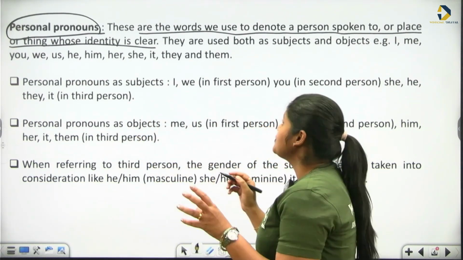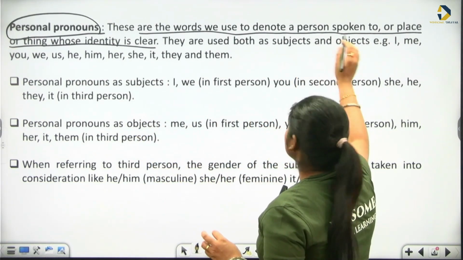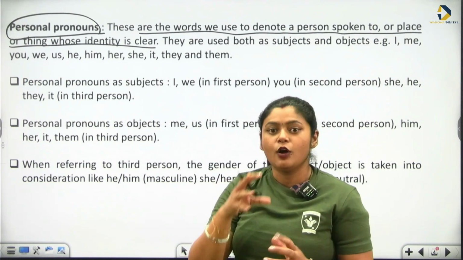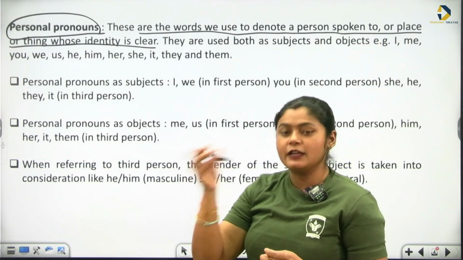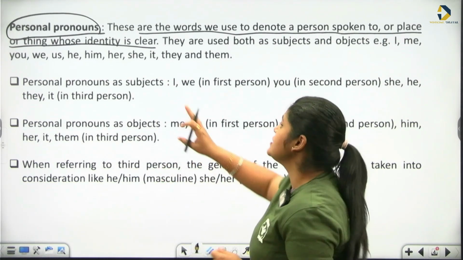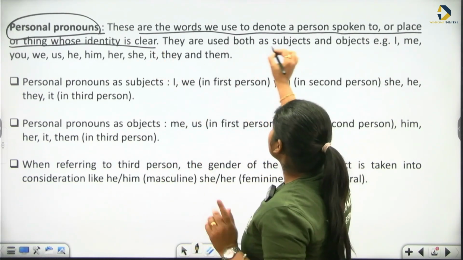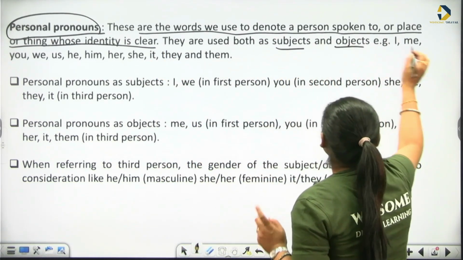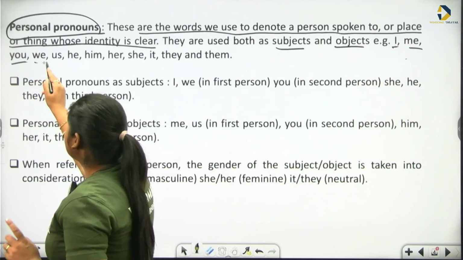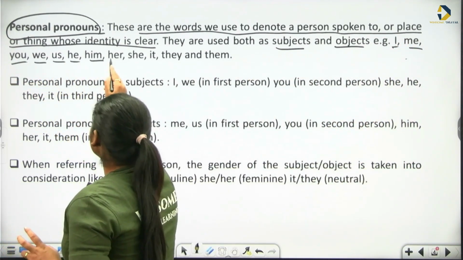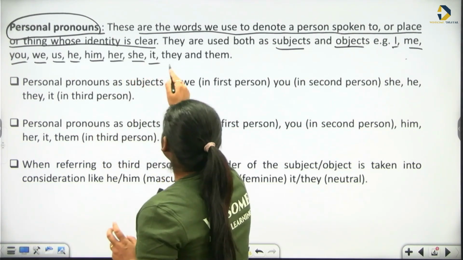Personal pronouns are those pronouns which denote a person spoken, किसी भी एक thing, और किसी भी एक place और किसी भी एक person, particularly जब हम उसे signify करके या फिर दिखा के बात करें, that is known as a personal pronoun. So they are used both as subject and object. See, example, I, me, you, we, us, he, him, her, she, it, they and them.